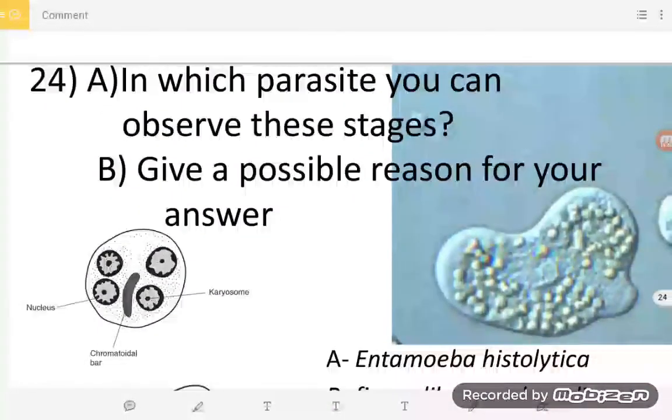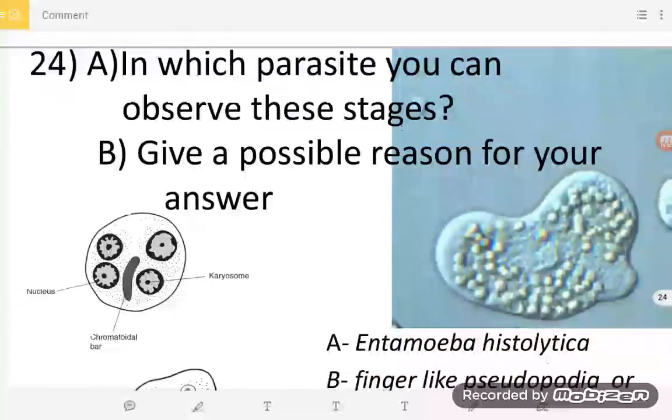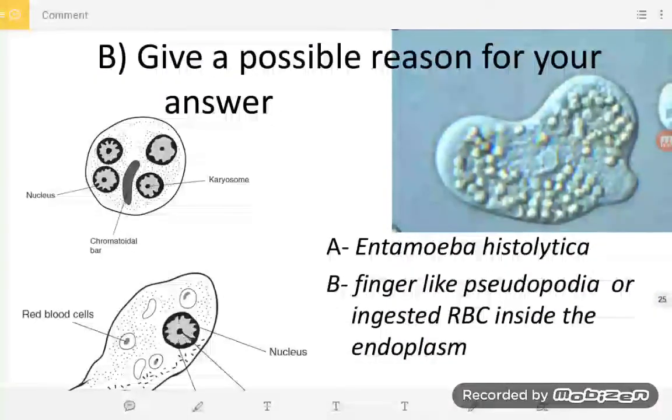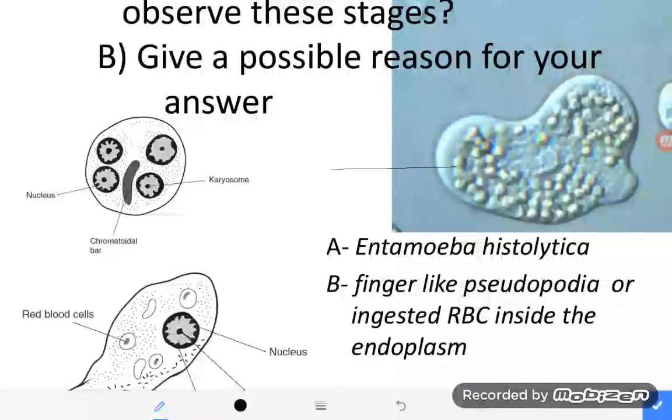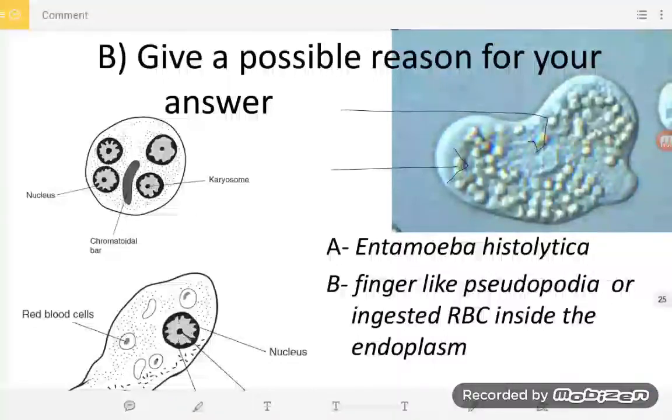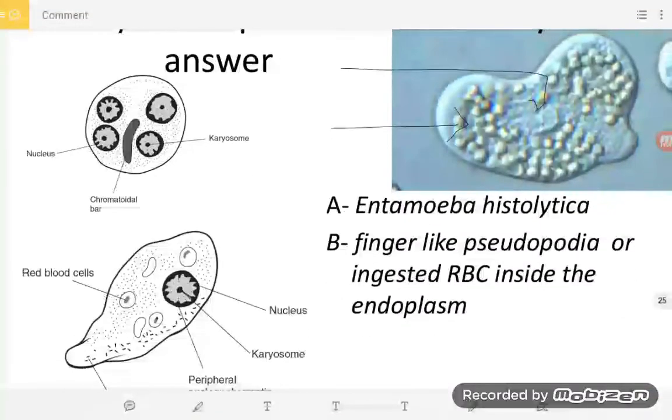Right, here in which parasite can you observe these stages? Give the possible reason for your identification. Here you can see this is the ingested RBC actually. This is the nucleus, right? And by using this we can confirm Entamoeba histolytica.